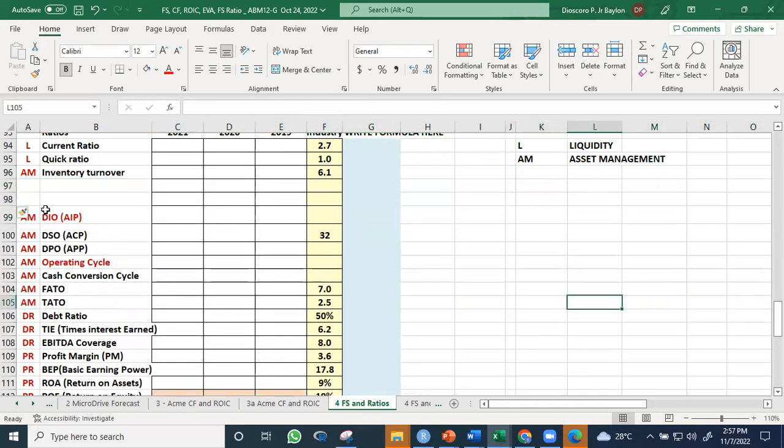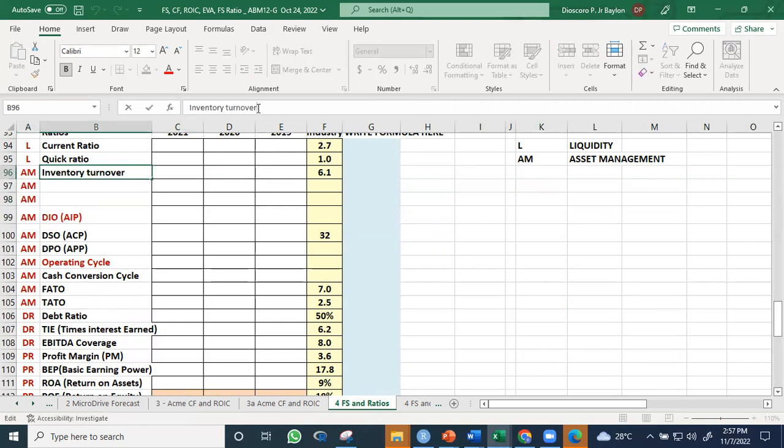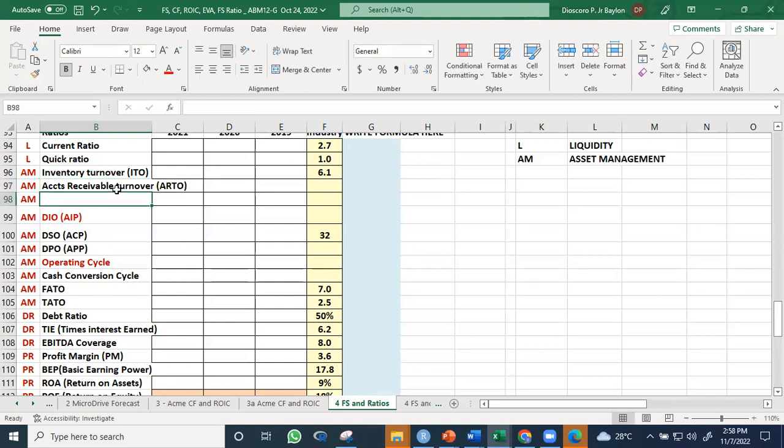Kindly check if in your file you have two additional ratios there: accounts receivable turnover, or ARTO, and accounts payable turnover, or APTO.